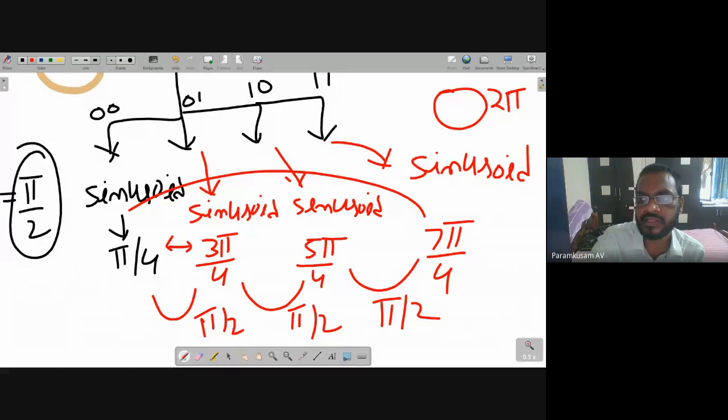This is pi by 4, 3 pi by 4, 5 pi by 4, 7 pi by 4. The phase difference between any successive phase angles is pi by 2. So that is about quadrature phase shift keying.